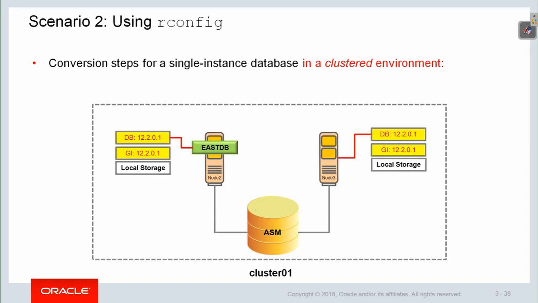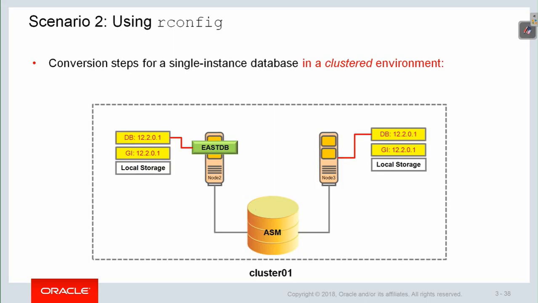Now, one thing I want to achieve is this. Since my single instance database is already in the shared storage, I want to convert the single instance database that is running out of a clustered environment to a RAC database without moving data files and database files, because my database already resides in shared storage.